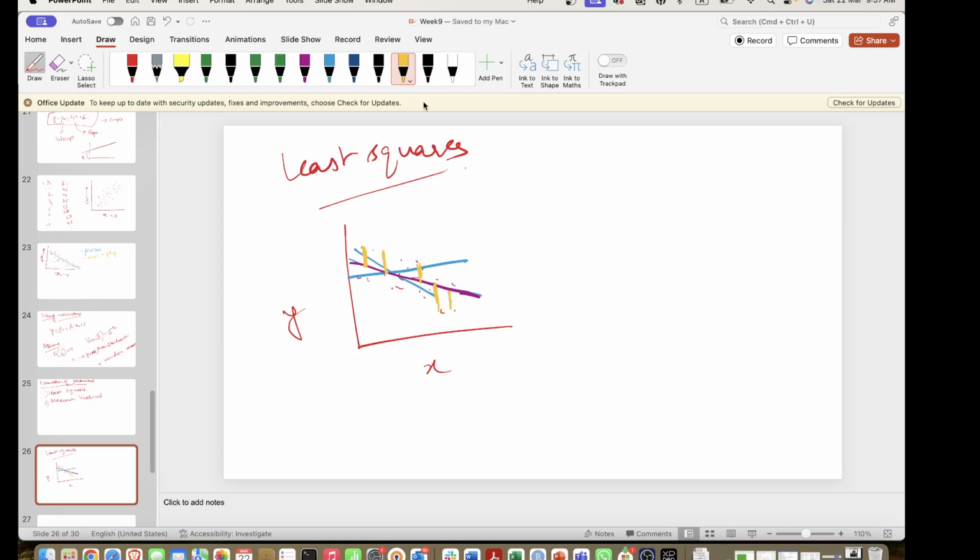So this observed y is my y value, and this point on the line is y hat.